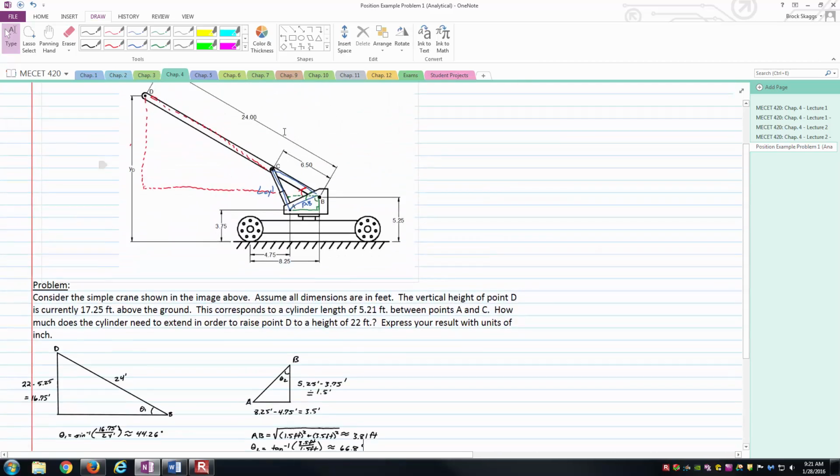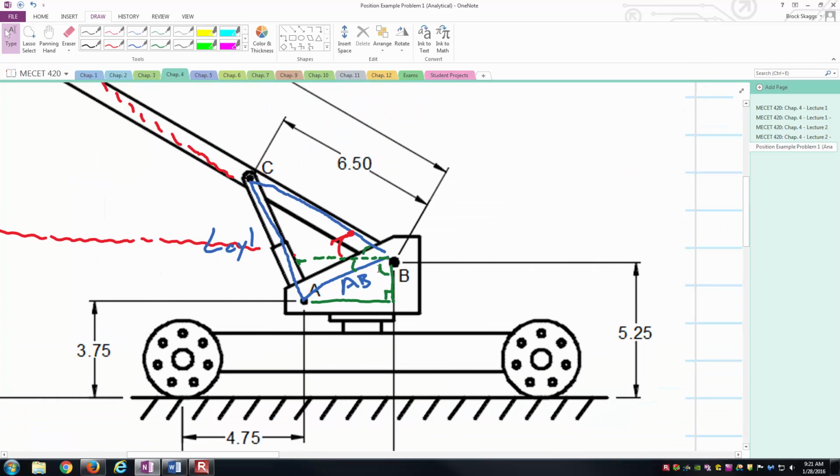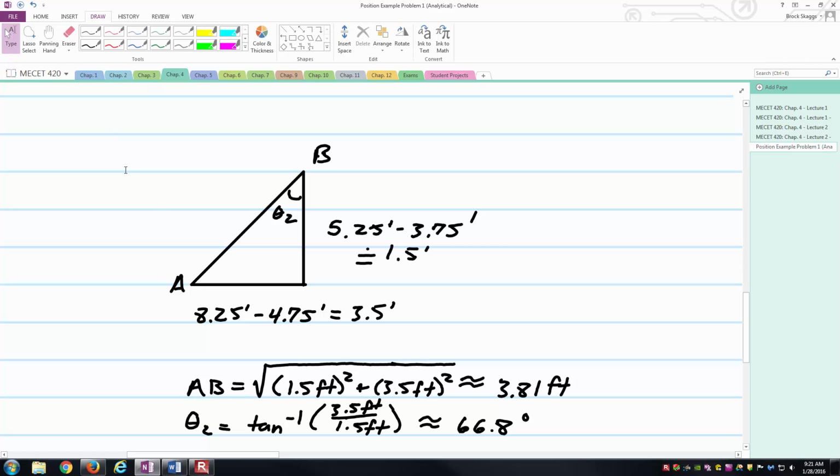And so again, going back to our road map, if you will. Oops, I zoom in here. We have this angle here, represented by that arc there, is the 66.8 that we just calculated. We know this angle here from the beginning, and so now we're ready to calculate this angle before we move into our first blue triangle that we drew, that we can then apply law of cosines to figure out the length of the cylinder. And so we can work on this triangle here. The one item we can add to it is just a reference line here. Just to make sure we know it's not part of the triangle, I'll just make it dashed for us. And what we're really after is this theta 3 here.